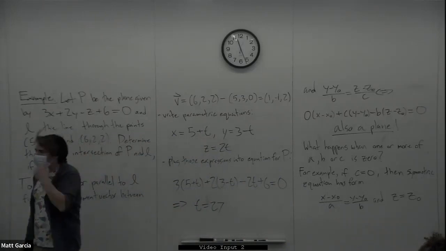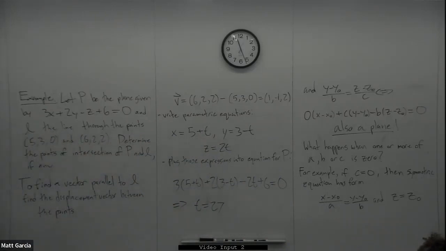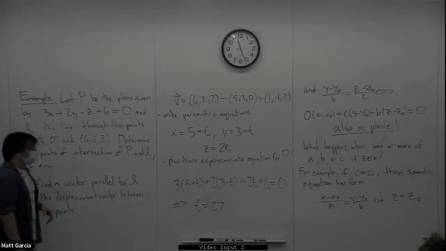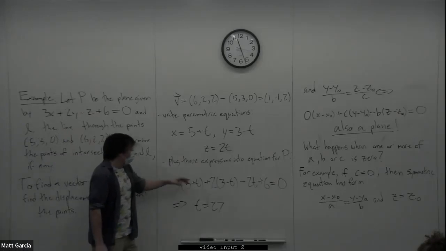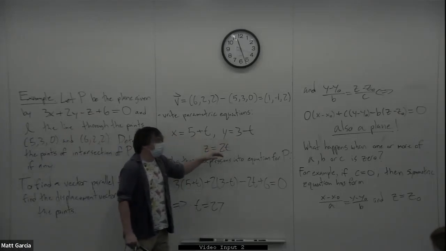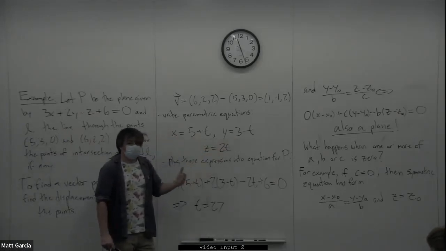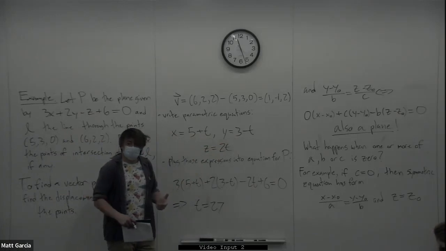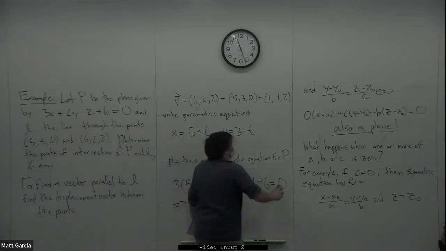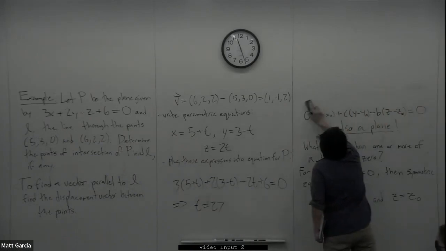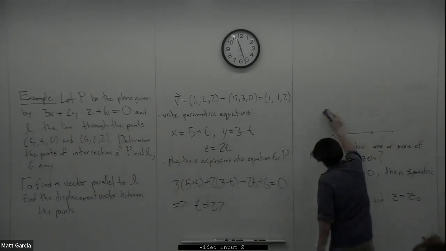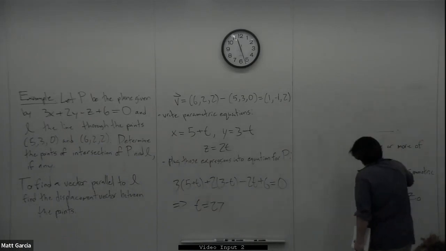Okay, so almost there. How do we now determine the point of intersection? Precisely. I plug in t to each of these expressions to find the value of x, y, and z, the point where the line intersects the plane.